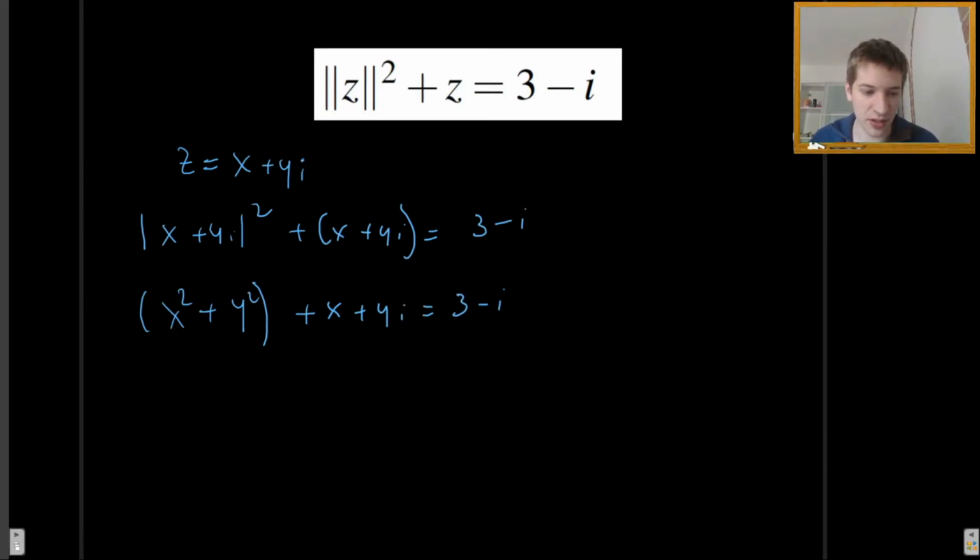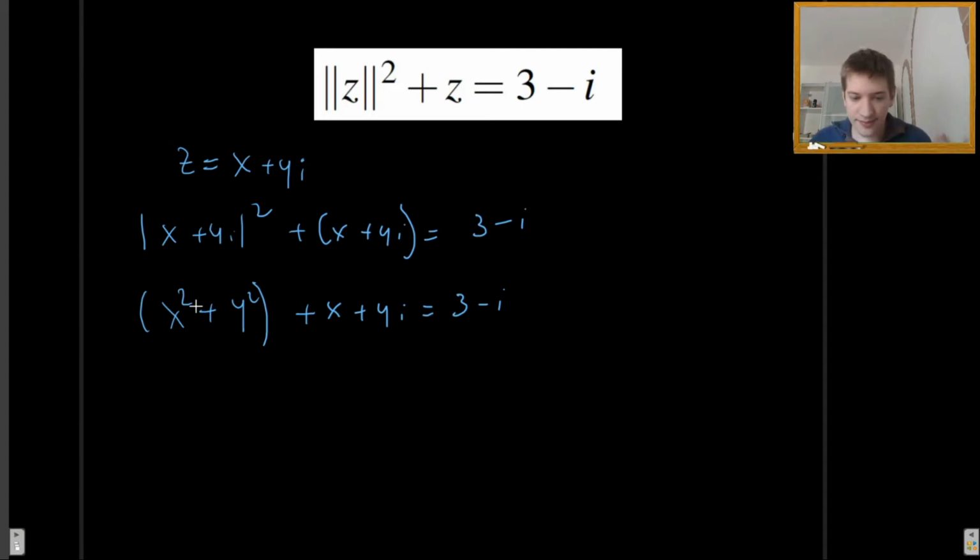Okay, let's change colors now. And now we can already separate real from imaginary. And the way to do that is to notice in this equation, what is real? Well, everything without an i is real, and everything with an i, sorry, is imaginary. So without i real, with i imaginary.